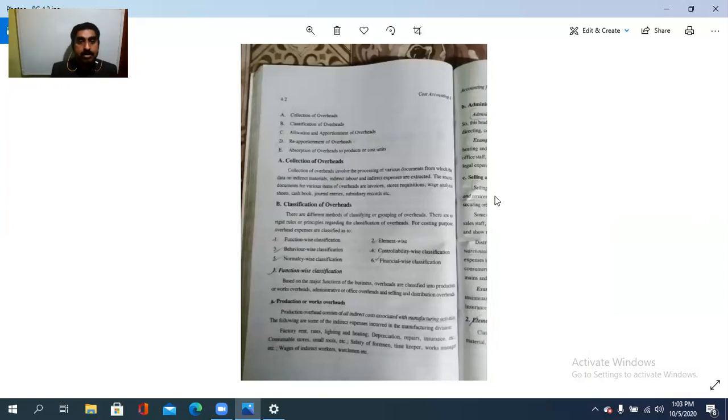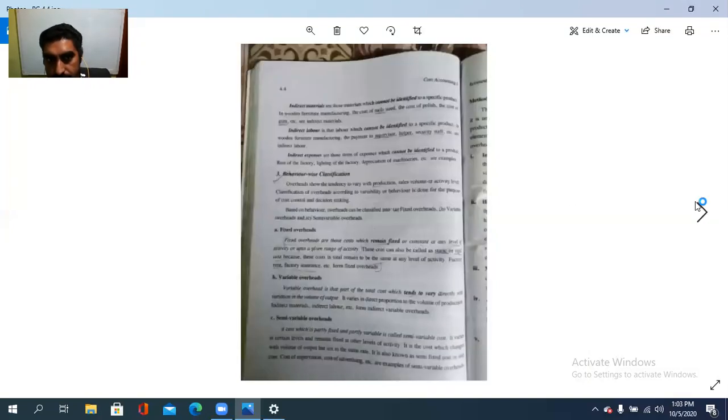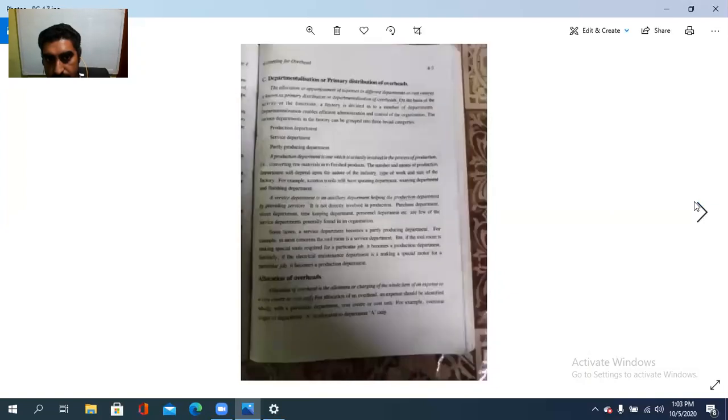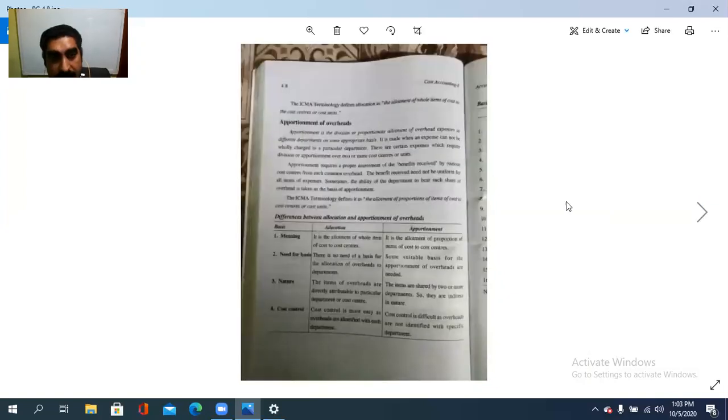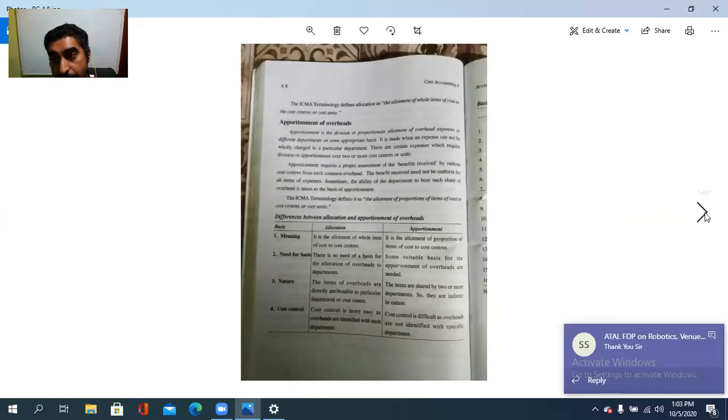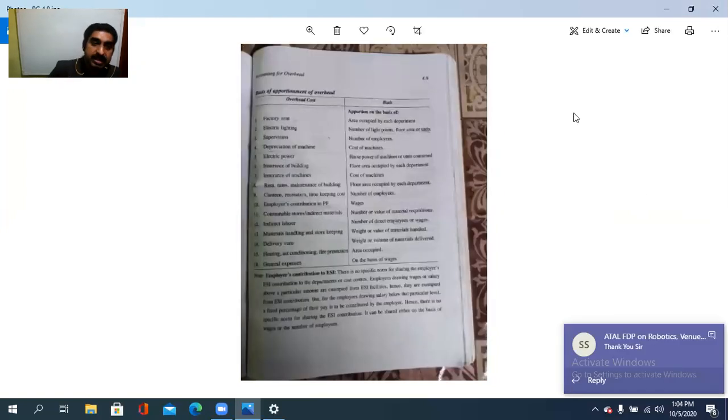Till this we saw the difference between allocation and apportionment of overhead, and also on what basis the apportionment is to be done.